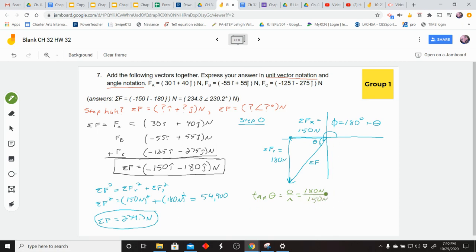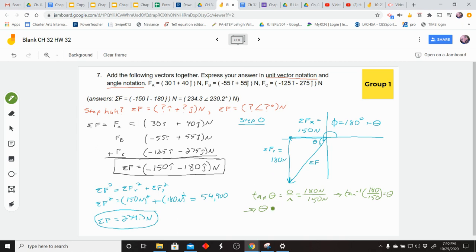So what all that really means is that inverse tangent of 180 over 150 is equal to theta. Ask the calculator for that number. On my calculator, my beloved TI-36X Pro, to get the inverse tangent, you hit tangent twice.